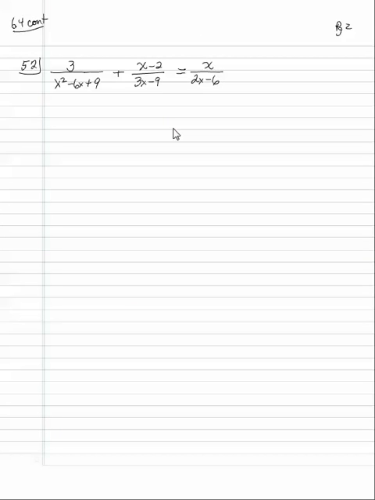Okay, so let's try this one. I'm going to factor the denominator. So we got factors of minus 6 that add to minus 3... 3 comes out of this one, x minus 3. 2 comes out of this one, x minus 3.